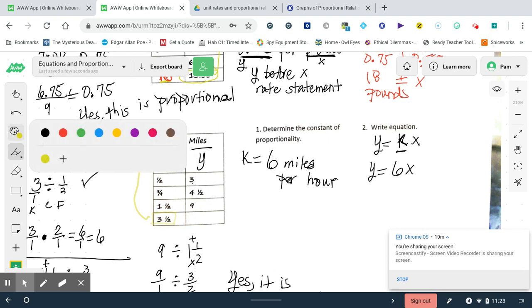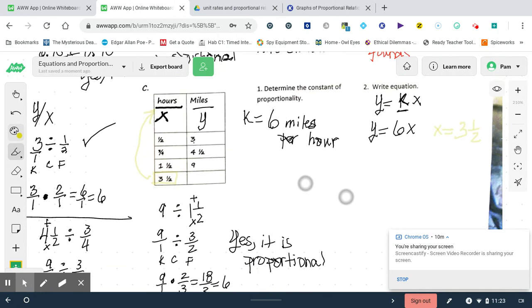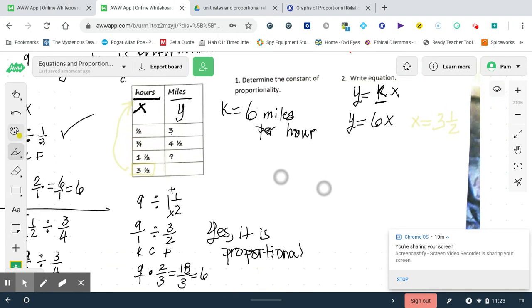So what I'm going to do now is substitute an x of 3.5. That will help us to find y. So you're going to end up with y equals 6 times 3.5.